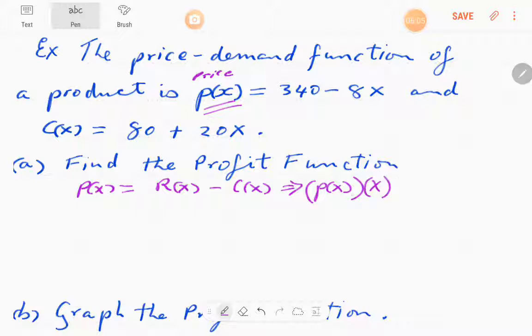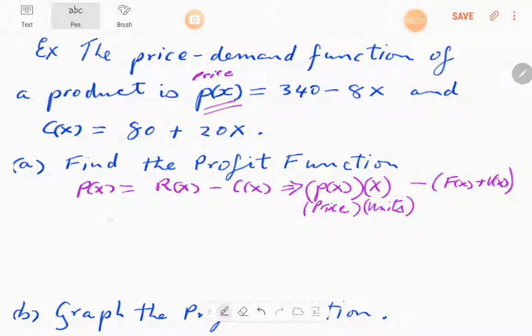All right, okay. It's the price times the number of units sold, x, minus our fixed costs plus variable costs.